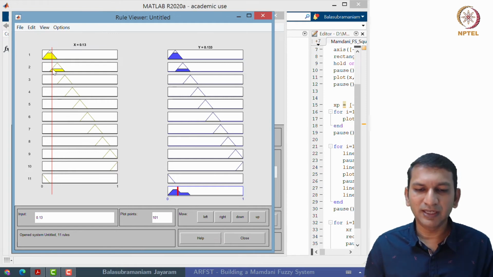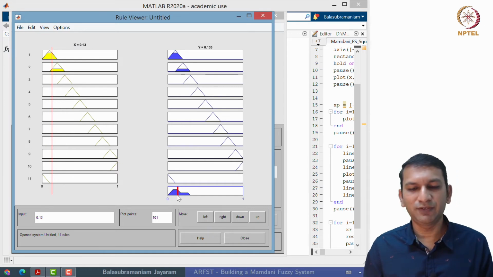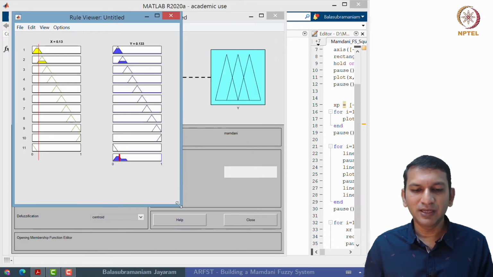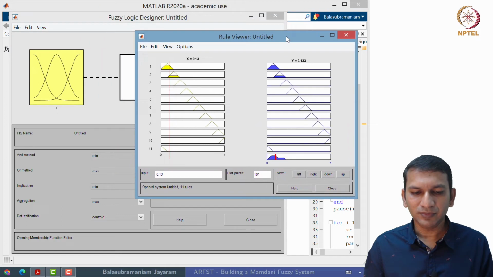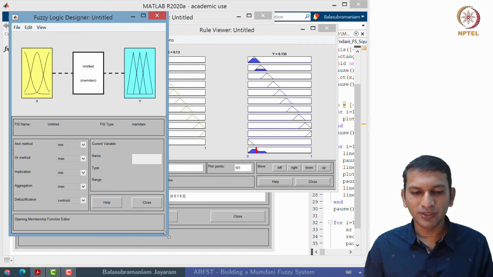Similarity value here is being taken and this is thresholded here, and we are using maximum for the aggregation and centroid defuzzification. Let's see whether by changing these, we can obtain some better values. So towards that end, I hope you are able to see.